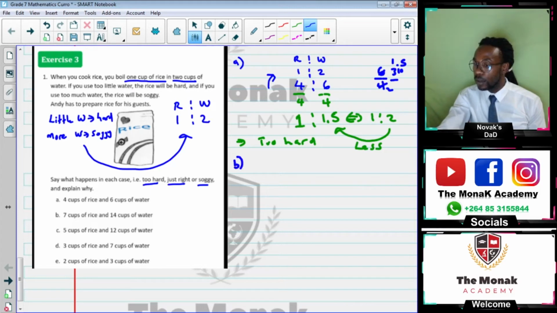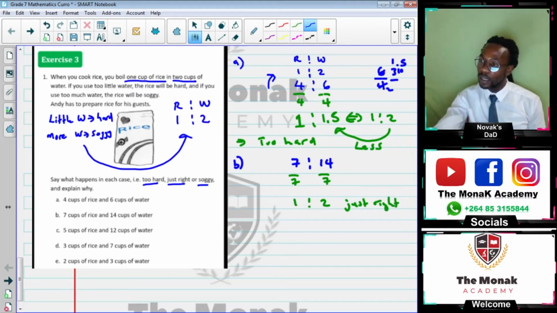So let's see if we can do B. 7:14. The only way to get 1 on the first part is to divide by 7. You get 1:2. So this one will be just right because it's exactly equal to our original ratio.